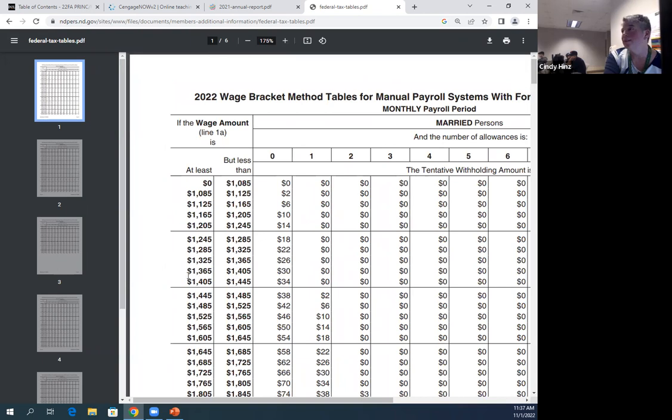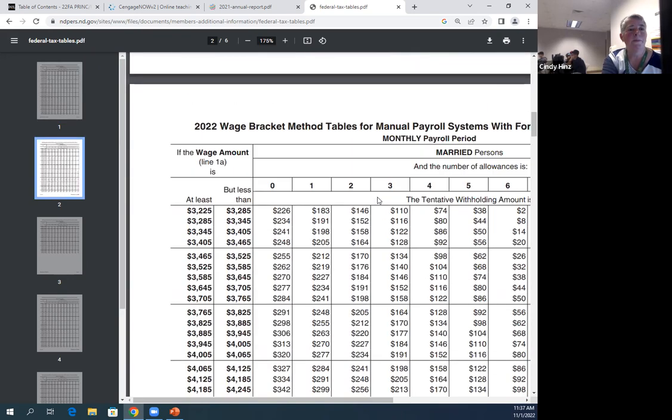Over here on the left-hand side is how much did you earn in this pay period? So this is a monthly payroll period. There's separate brackets if you get paid weekly, bi-weekly, semi-monthly, monthly.